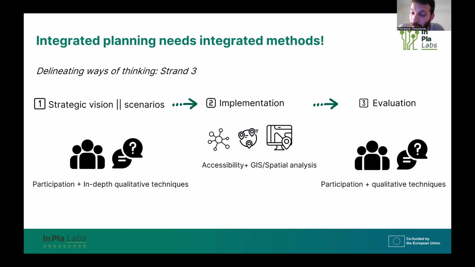But the process is not stopping there. The process continues, to re-engage people, to re-engage the qualitative aspect. And this kind of flow is really important when we want a holistic example of integrated planning.